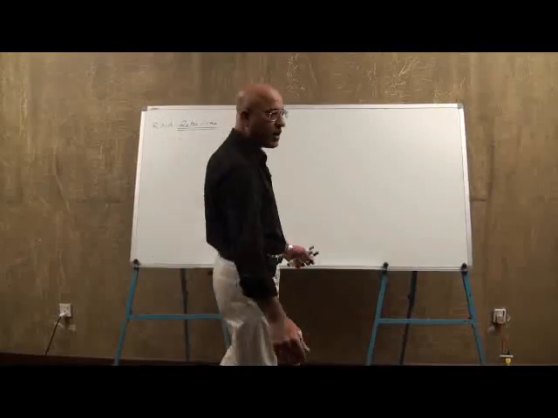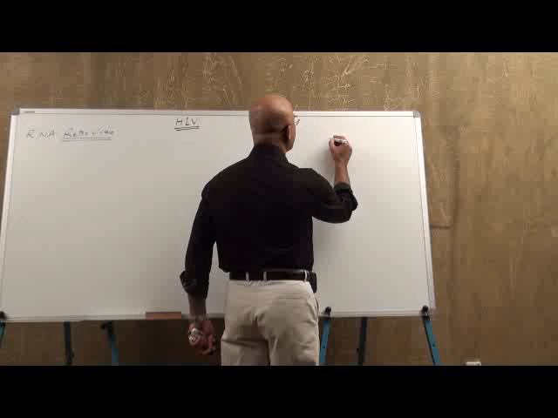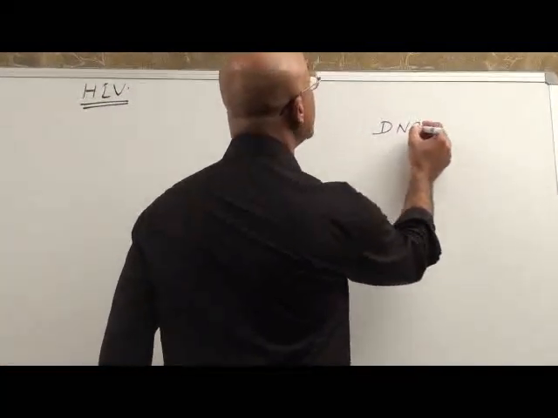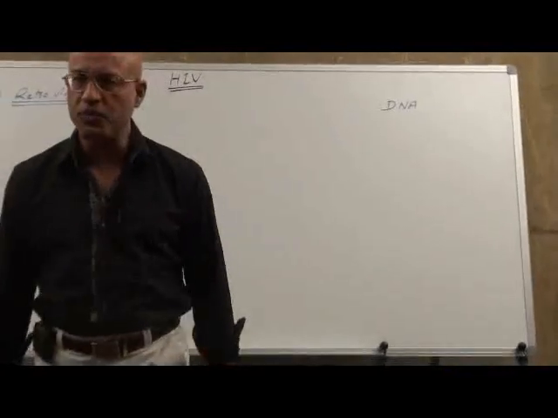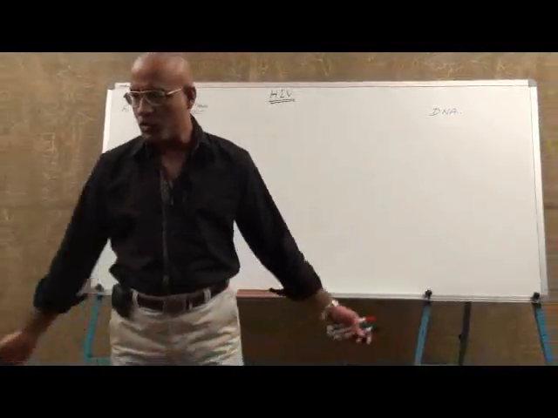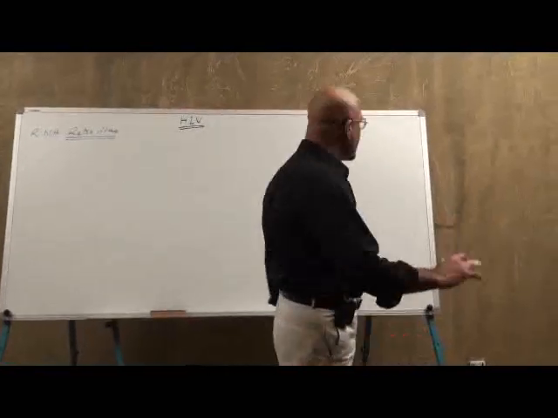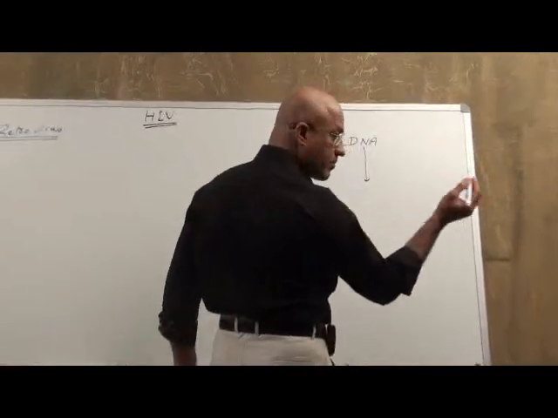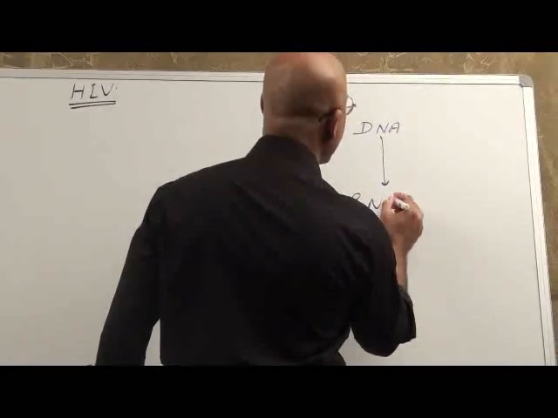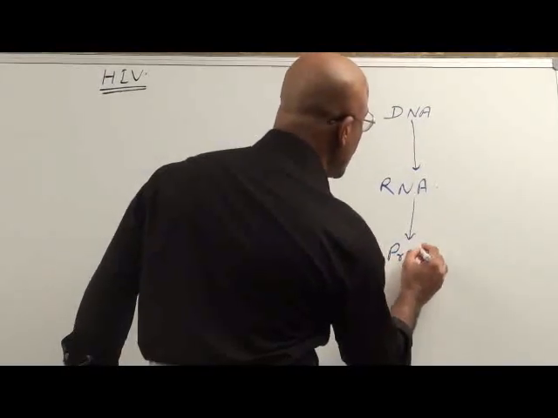In the biological world, the basic concept is that all the genetic information is usually in DNA. I'm not talking about this virus, I'm talking about it generally. Most of the time we find that genetic information is present in DNA, and then DNA is transcribed into RNA, and then RNA is translated into proteins, right?